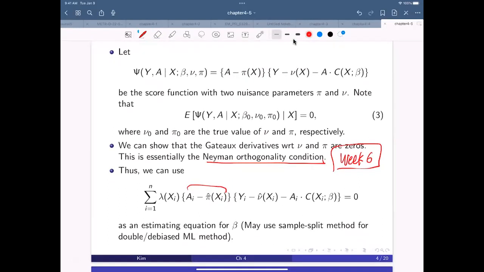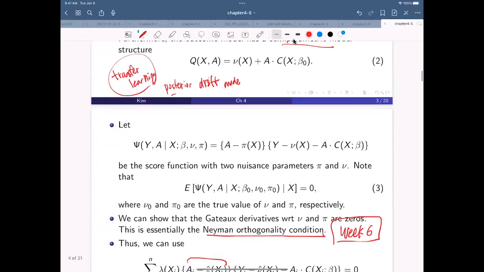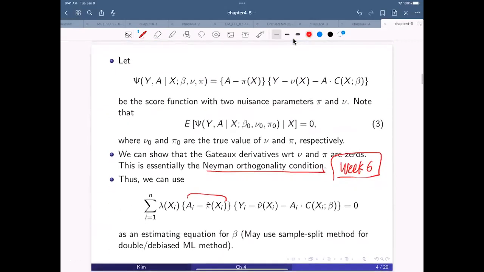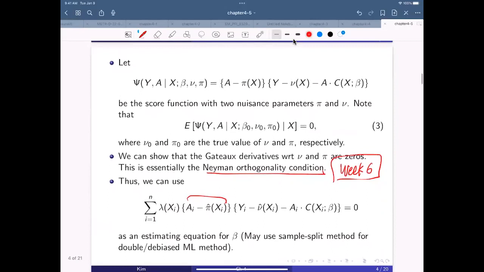But the point is that you have a finite dimensional parameter of interest and an infinite dimensional nuisance parameter, and you want to make it less critical on the choice of the nuisance parameter. So that is basically the idea.